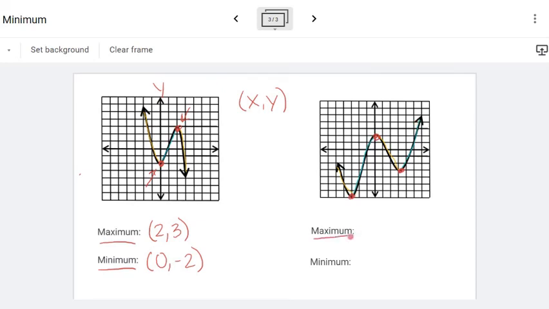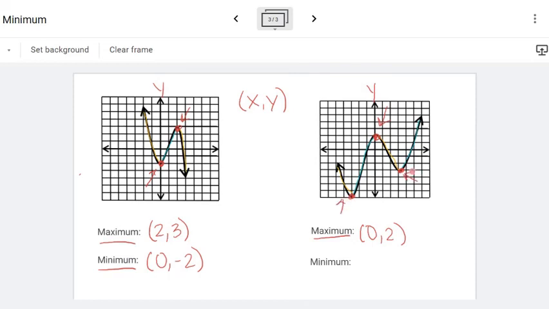So maximum is going to be the higher point, increasing to decreasing. Okay, so that is going to be at the point (0, 2). Again, I'm sitting right on that y-axis, so my x is 0. Okay, now minimum, I actually have 2 of them here.